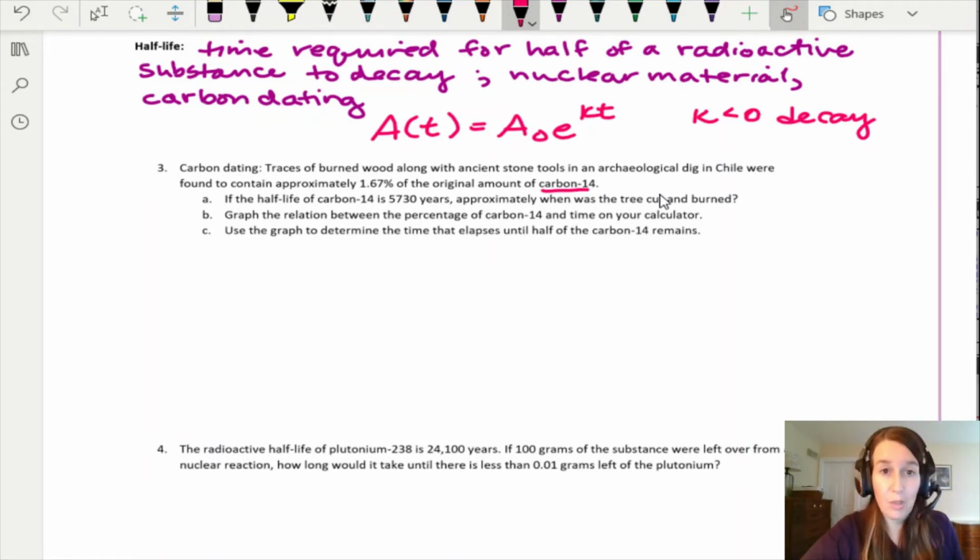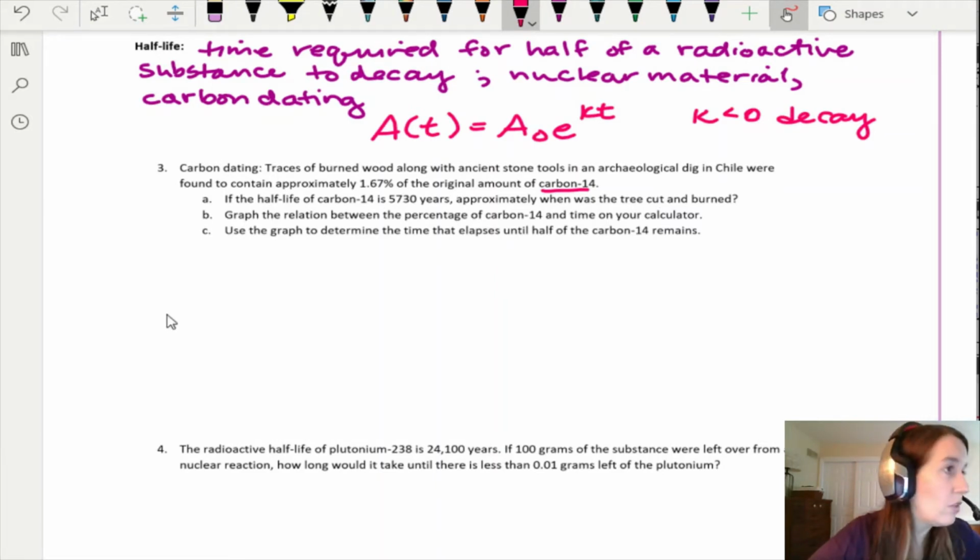They have literally observed it decay, so they know its half-life, and based on how much is left in the object, they can tell when it was alive, because carbon-14 is in organic material like plants and animals.